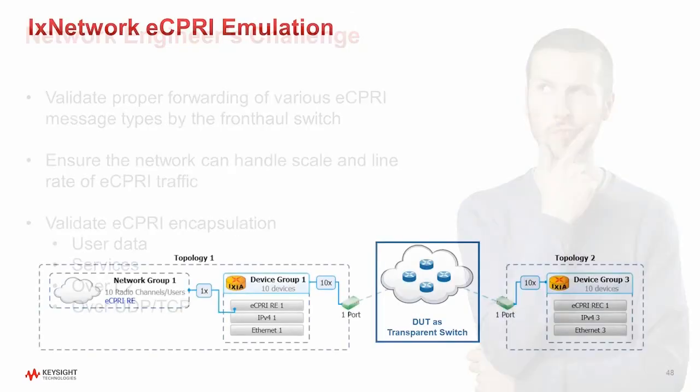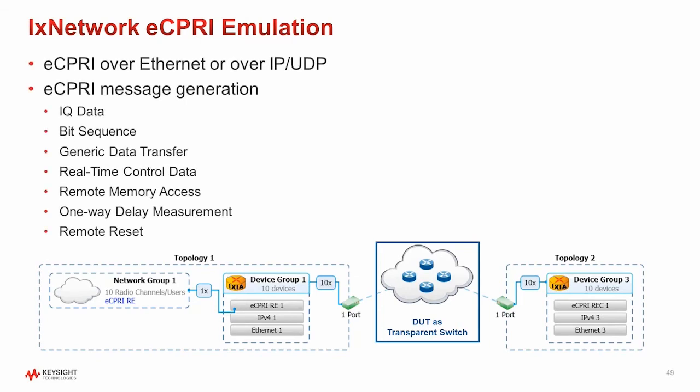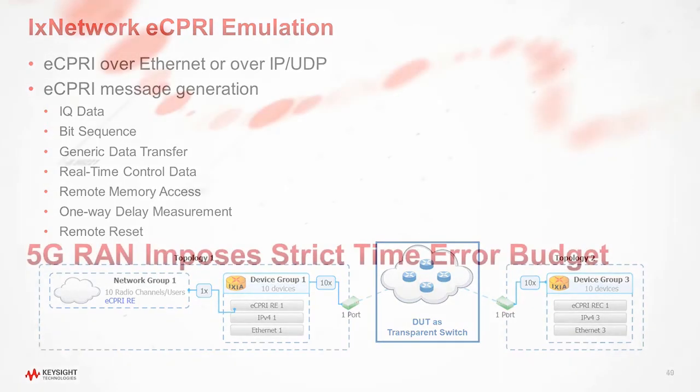The IxNetwork eCPRI solution can help emulate eCPRI nodes and generate traffic, both legitimate and malformed. It's being widely used to test the eCPRI messages as well as functionalities like delay measurement, etc.